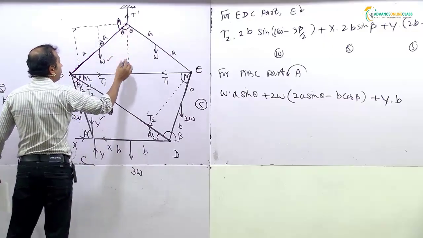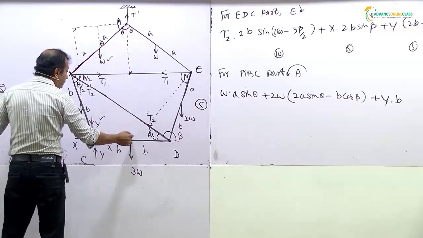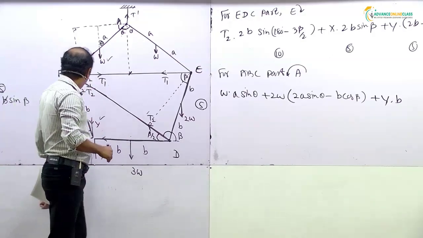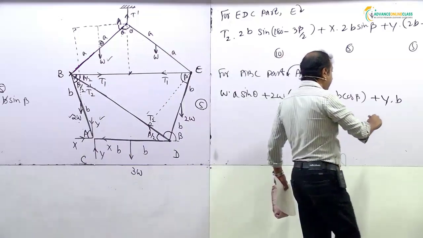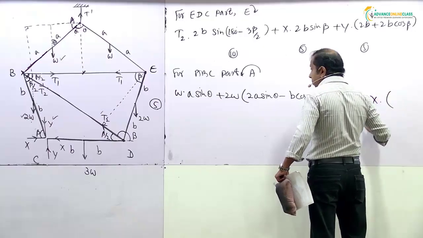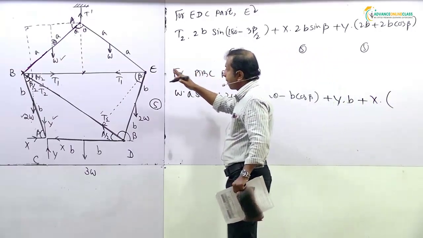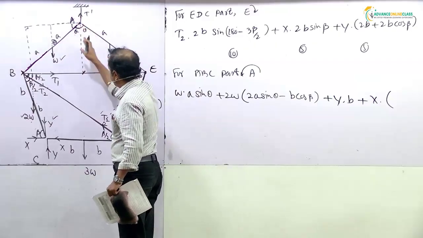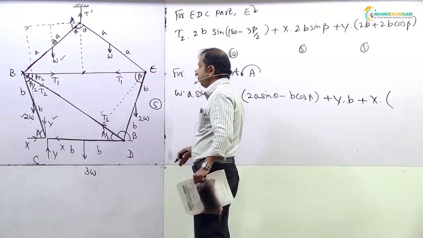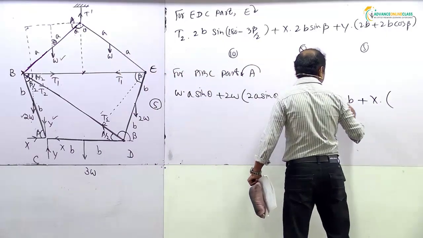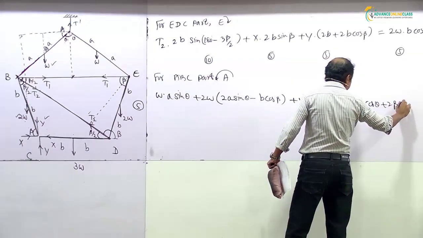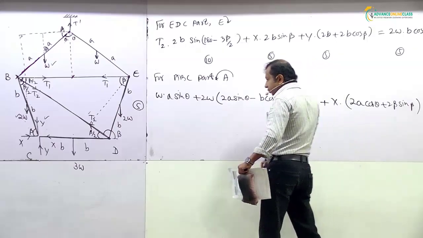What is this height from here to here? 2A cos theta. What is this height? This is beta, so 2B sine beta. X into 2a cos theta plus 2b sin beta. X also we considered.